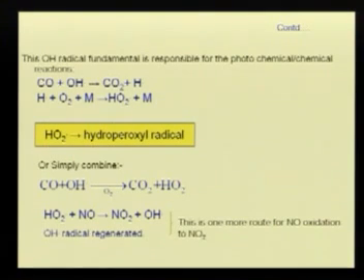Very quickly, somebody tell me how we had formed the OH, so that we know we are still on track. What is the route for the OH formation? Because we did discuss yesterday that OH is formed.